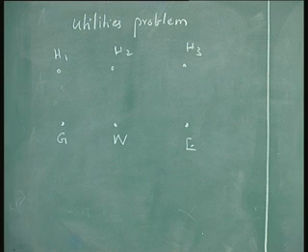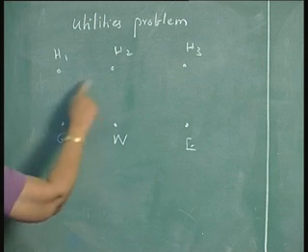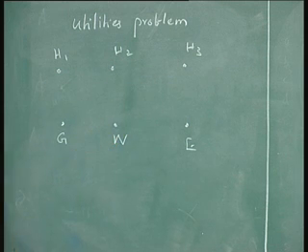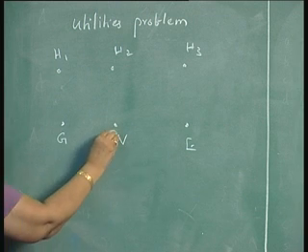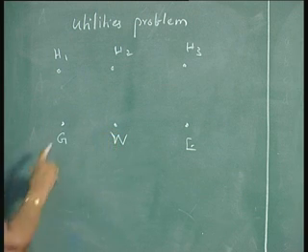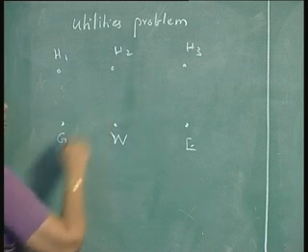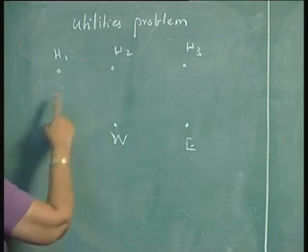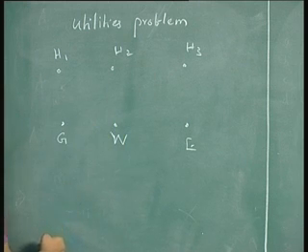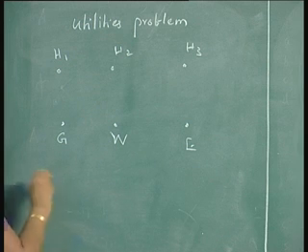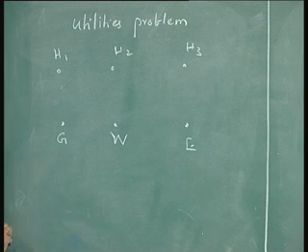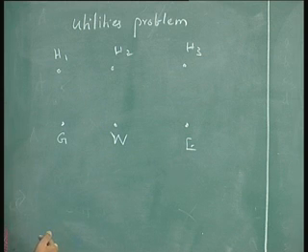Let us consider one more problem, which is called the utilities problem. There are 3 houses, H1, H2, H3, and they have to be provided with utilities: gas, water and electricity. Gas has to be provided to each house, water has to be provided to each house, and electricity has to be provided. Now, the connections have to be made in such a way that there is no crossing of the tubes and so on.